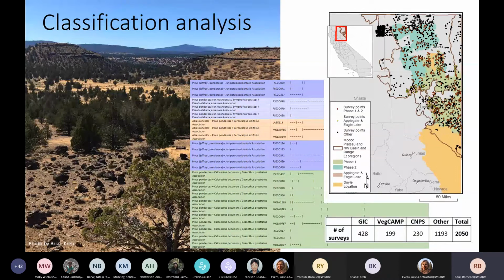existing surveys from other projects and agencies were gathered to be co-analyzed with the data collected to create the more comprehensive vegetation classification.